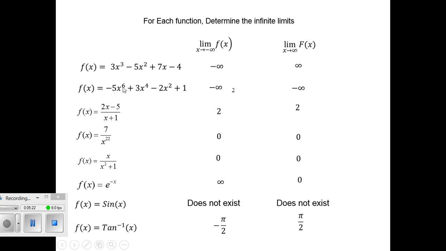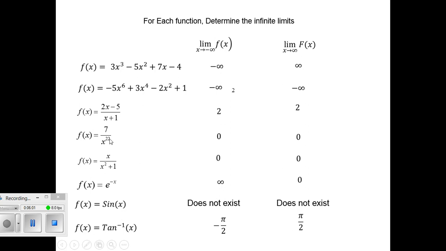A polynomial function of an even degree has both ends rising when the leading coefficient is positive. Since the leading coefficient is negative, both ends are falling, implying the limit moving towards negative infinity is negative infinity. The limit moving towards positive infinity is negative infinity. For the rational function defined here, the limit approaching negative infinity and positive infinity is asking the question of the end behavior.